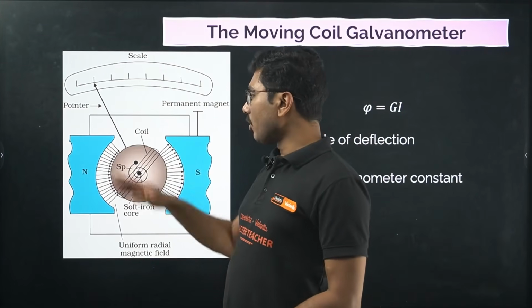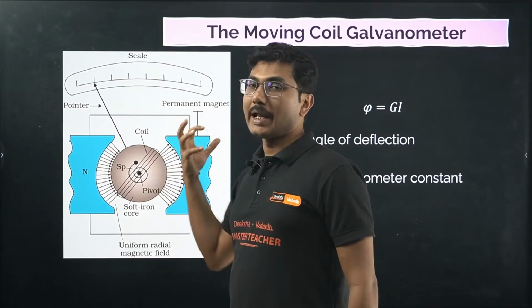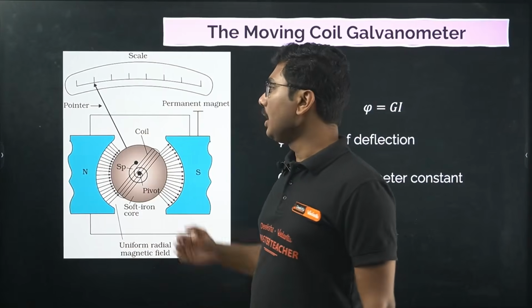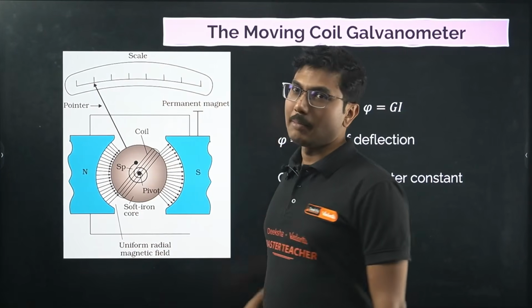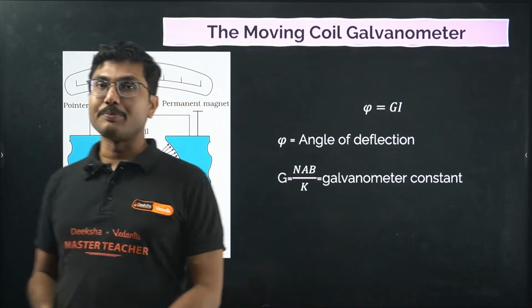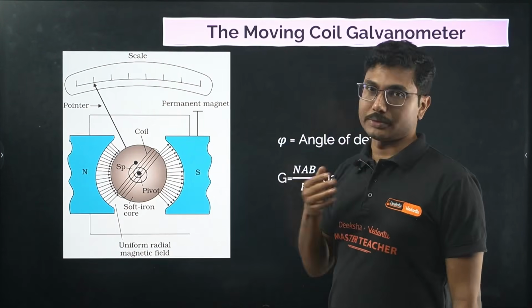So when the torque is acting on it, the galvanometer is trying to rotate, but the spring is trying to stop it. Now based on the amount of current passing through the coil, it rotates by a different amount. The more the current, the more it will rotate. The spring has a spring constant, and that spring will try to stop the motion, arrest the motion.